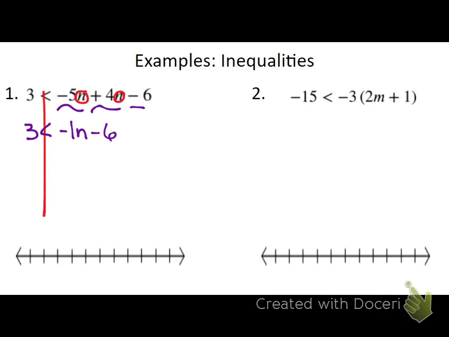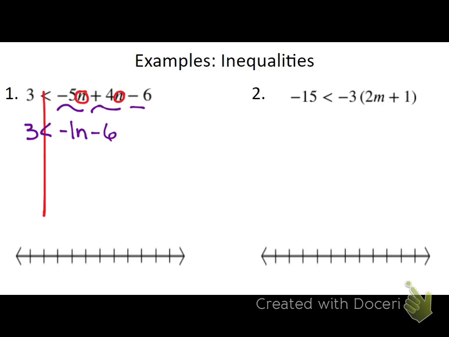Then my next step is to undo any addition or subtraction. Do I have any addition or subtraction up here, Josh? Negative 6. So any subtraction or addition we're going to undo.